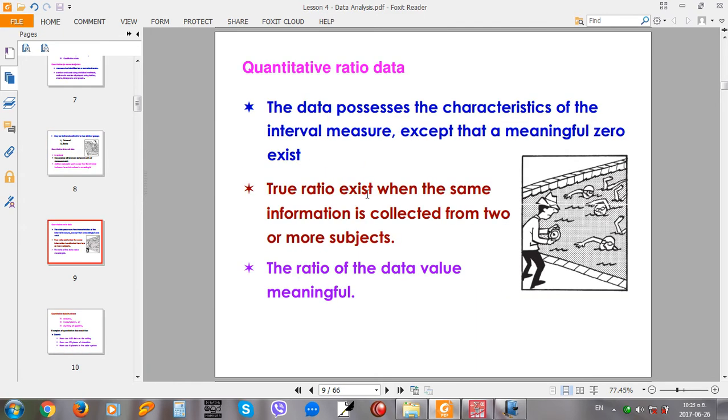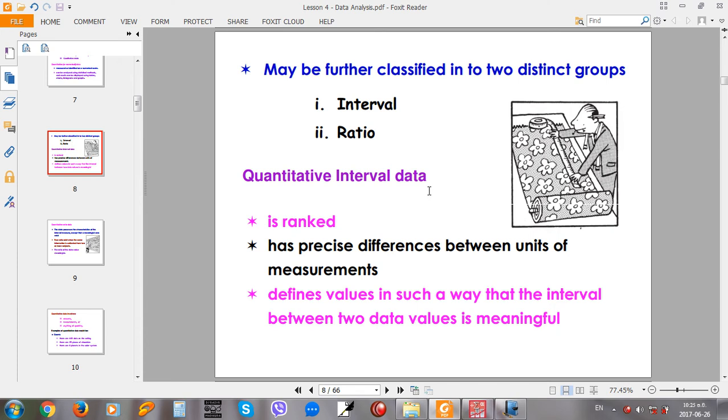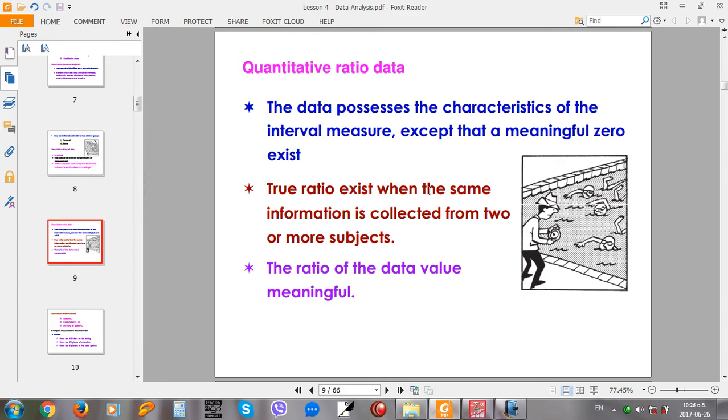True ratio exists when the same information is collected from two or more subjects. The ratio of the data values is meaningful. So quantitative data can be divided into two distinct groups, that is interval data and ratio data.